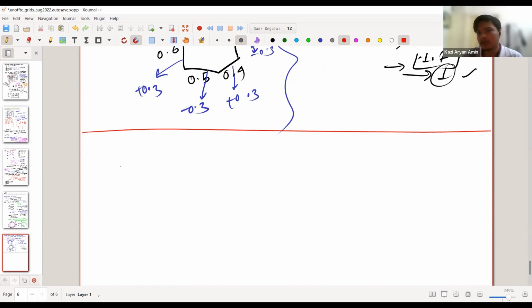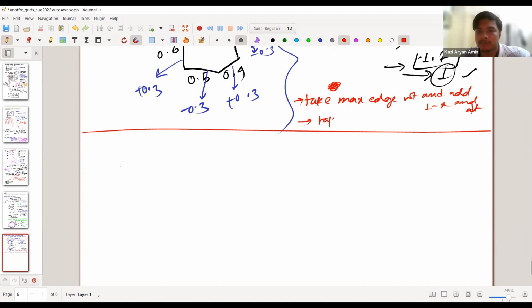What I was trying to say is, you can either take the max edge weight and add 1 minus x and alternate, where x is less than 1, or take the min edge weight and deduct x and alternate. These are two things. Yeah, basically what you're saying.